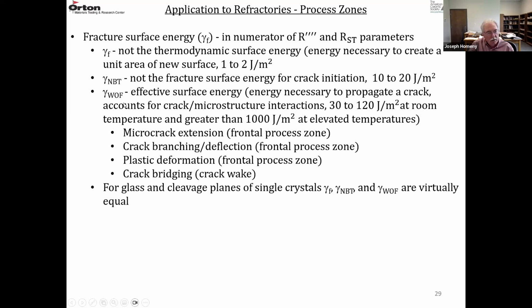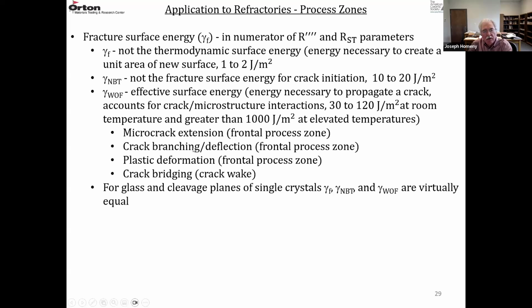But in our type of materials, we want to design a microstructure with a high work of fracture. Gamma NBT is always going to be low when you have a refractory material that's highly microcracked. The cracks are already there. So one designs a microstructure with a high gamma WF, and one can look at the ratio gamma WF to gamma NBT.